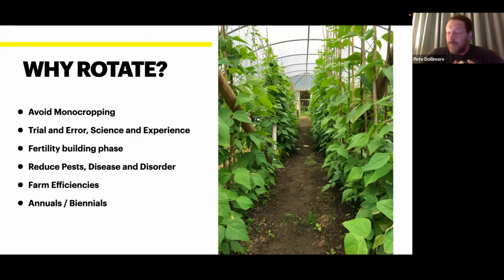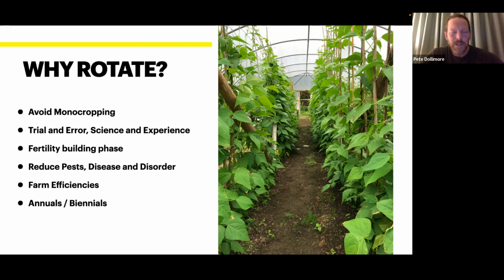Obviously back then they were using basic two-field, three-field, four-field systems where they were strip cropping, and found that by moving around livestock, vegetable cropping, having lay periods, rest periods, different crops, they managed to avoid a lot of problems that they would otherwise get.